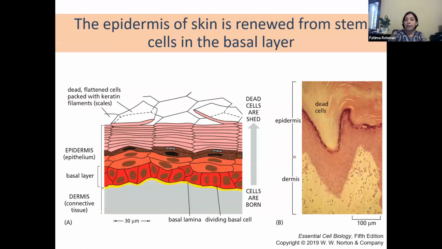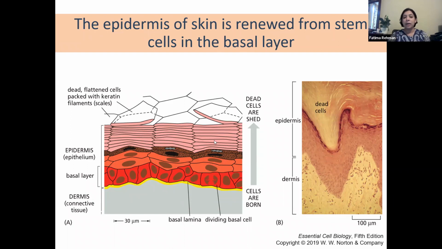In a similar idea, the epithelial layer of our epidermis, the skin, grows the same way. It's renewed from stem cells that are present within the basal layer. Those basal layer cells are right above the basal lamina. So this is your basal layer of keratinocytes, and these are the ones that are going to be dividing. Once they divide, as they move up, they form your epithelium, the epidermis layer.